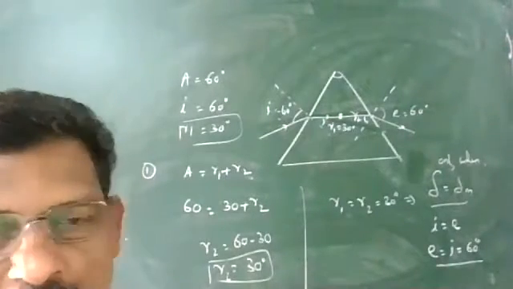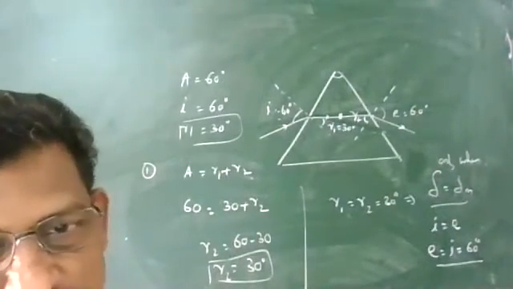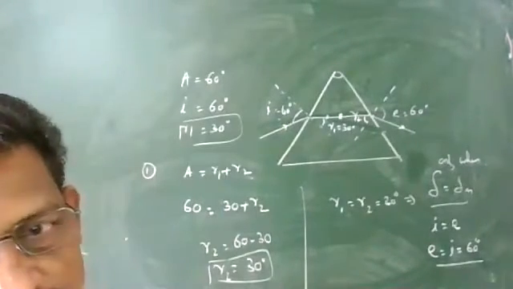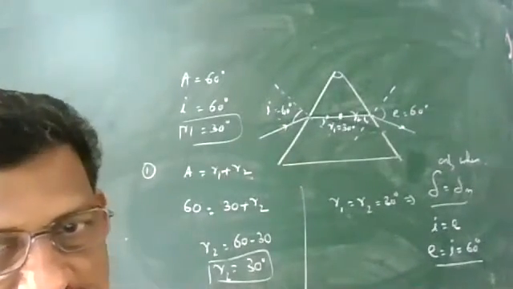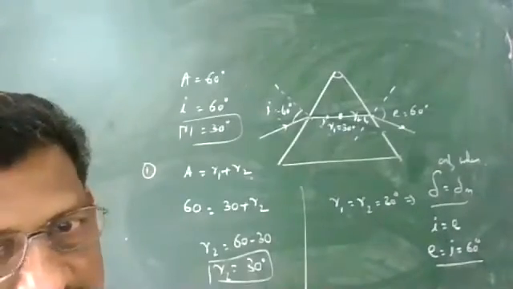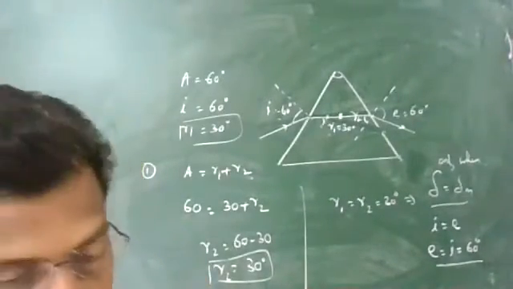First one, I is equal to E. When I is equal to E, R1 is also equal to R2. So incident ray and emergent ray are equally inclined to the refracting faces, and the refracted ray inside the prism is exactly parallel to the base of the prism. So this is one question for that.